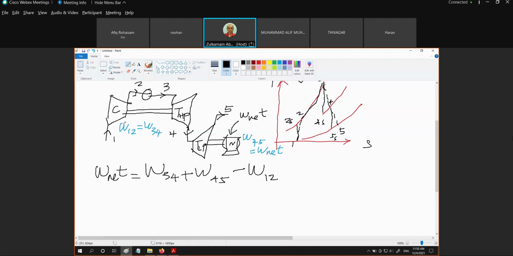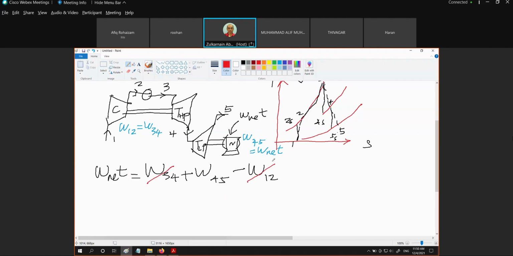And we can see that W 1,2 is equal to W 3,4. This is minus, meaning that these two parameters can be cancelled off. Then what we have right here is W net equal to W 4,5.